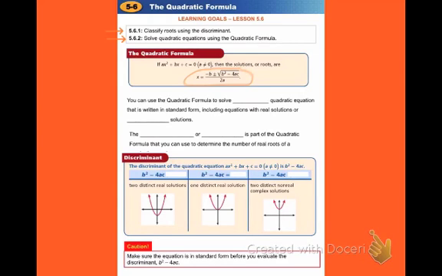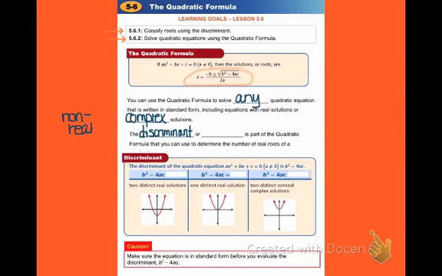Now, as I mentioned, you can use the quadratic formula to solve any quadratic equation that is written in standard form, including equations with real solutions or complex solutions, which really means non-real solutions. Okay, so we discussed this thing called the discriminant.